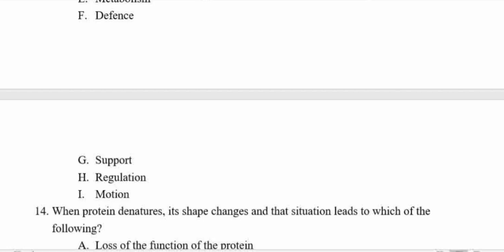Let's take the motion. Protein, as let's say muscles, for example, will definitely play some role in movement. Okay, so it is not wrong for us to say that the motion will be a function of protein. We have what we call the contractile proteins.